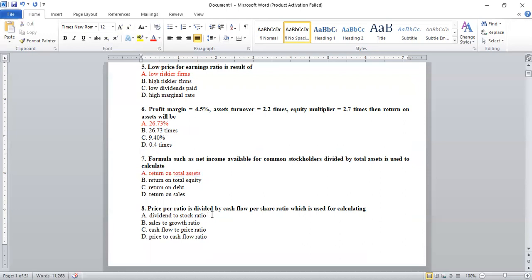Question number 8. Price per share divided by cash flow per share is used for calculating the price to cash flow ratio. This is the right answer.